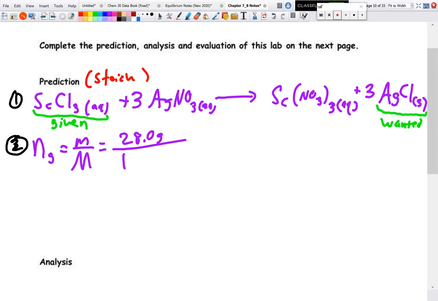When you add that, you get 151.31 grams per mole. And we get a number of moles of 0.185051 moles. So then we move on to our step 3. Our step 3 is find the number of moles of our wanted using our mole ratio.